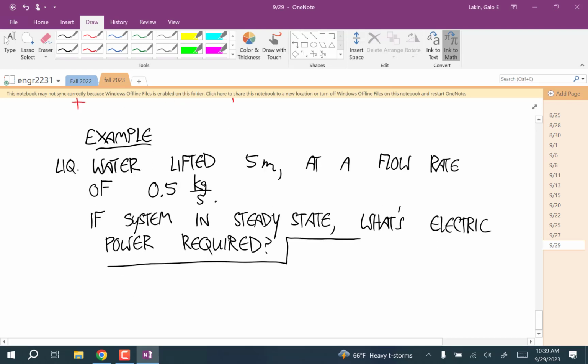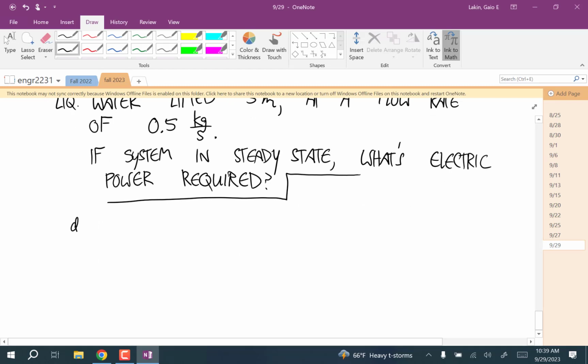So we'll start with the full equation: dE/dt is equal to Q dot for the control volume minus W dot plus the mass flow rate, which is 0.5 and steady state, so that's the same for the inlet and the exit. We don't know anything about the pressure or the temperature.